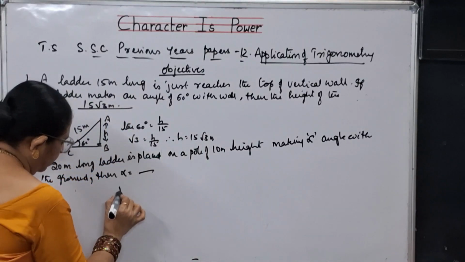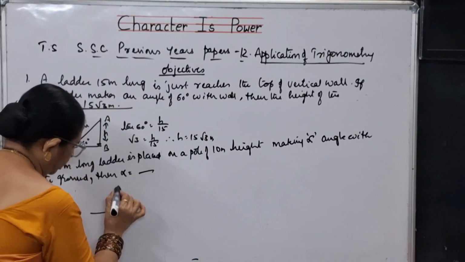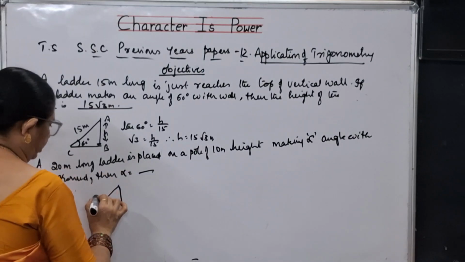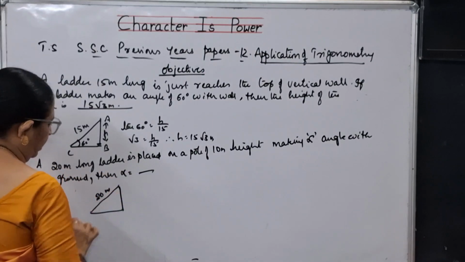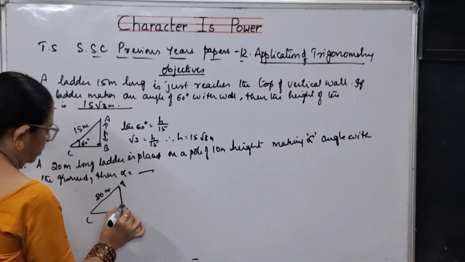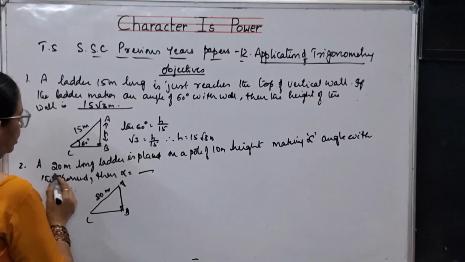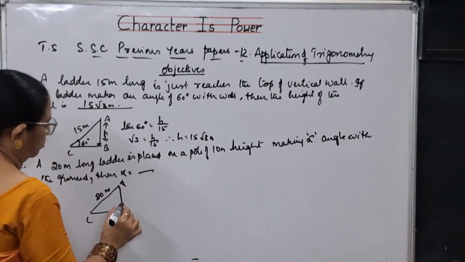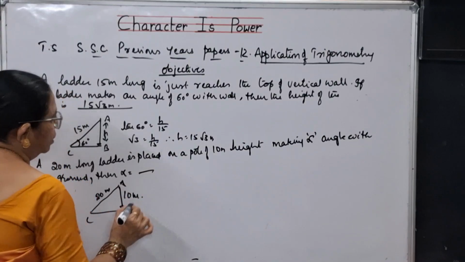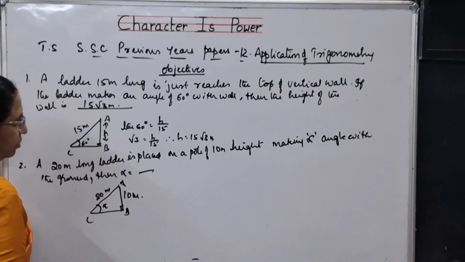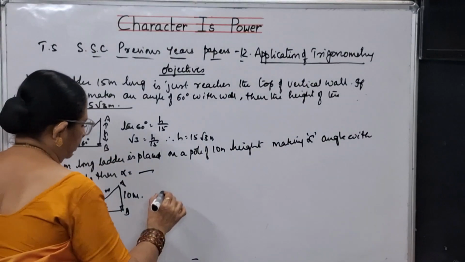So what does the problem say? A 20 meters long ladder, this is the ladder, ABC, is placed on a pole of 10 meters height. This height is 10 meters and it is making an angle of alpha. What is alpha they are asking?